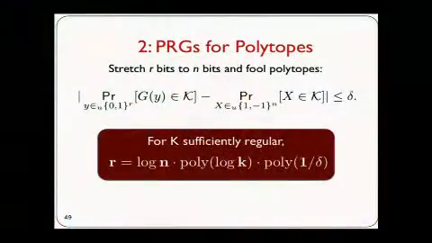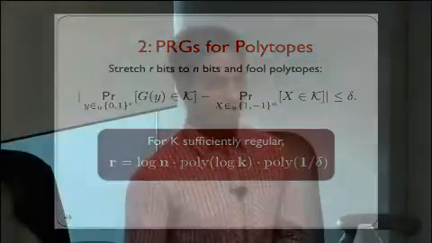Using the invariance principle for polytopes and the generic framework I described for halfspaces, we combine the two to get a PRG with seed length log n times polylogarithmic in k, where k is the number of faces, times poly 1 over delta. Once again, all previous results here had at least a linear in k dependence.